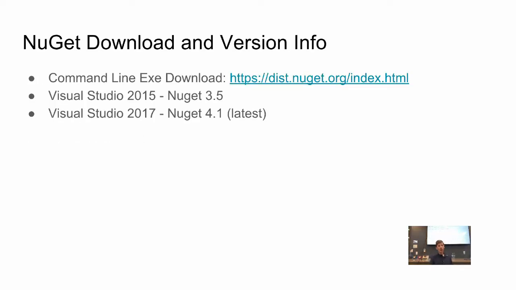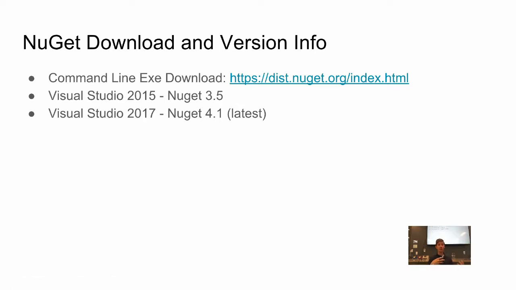Now, when you install Visual Studio 2017, you are automatically getting NuGet 4.1, which is the latest version of NuGet that is currently available. There is a 4.3 preview that's available at this location, at this dist.nuget.org site, if you wanted to grab that. But in Visual Studio 2015, we're at NuGet 3.5.